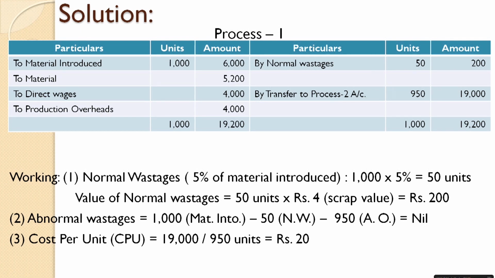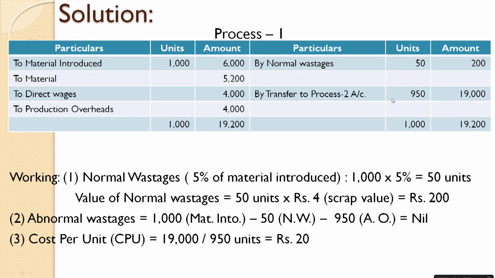Now, the finished product of process 1, or the actual output value, has to be determined on the basis of CPU. See here in the process 1 account credit side, 950 units is written in the units column, and multiplied by 20 rupees per unit, it comes to 19,000. So the 19,000 rupees is the amount transferred to the process 2 account.